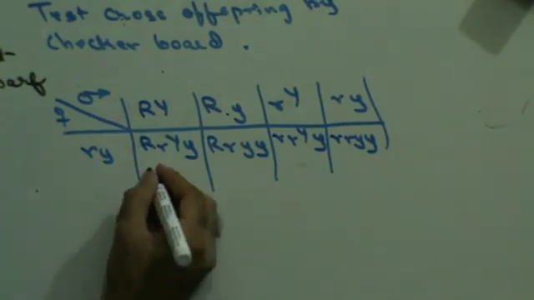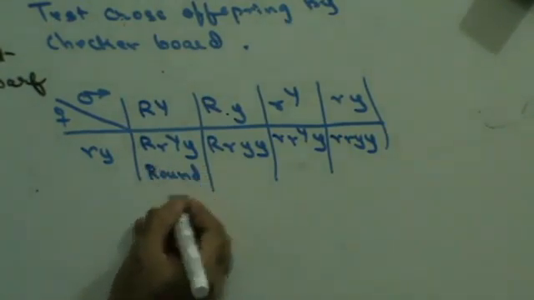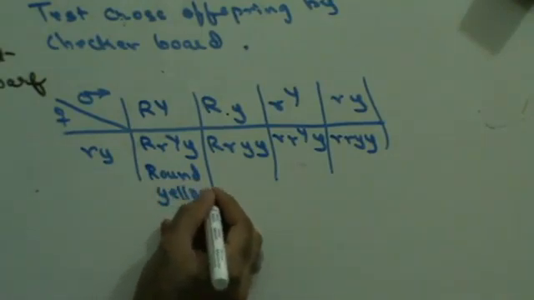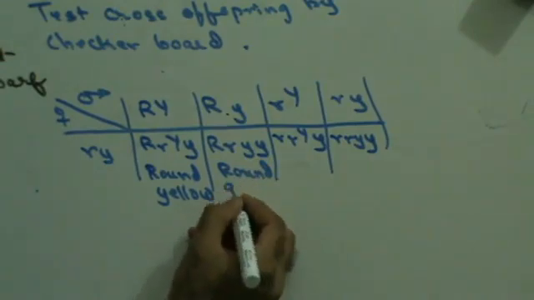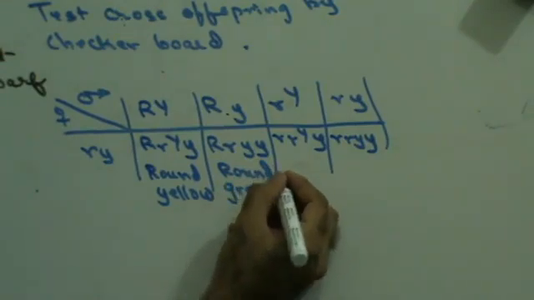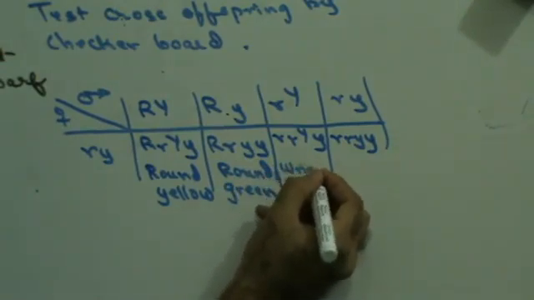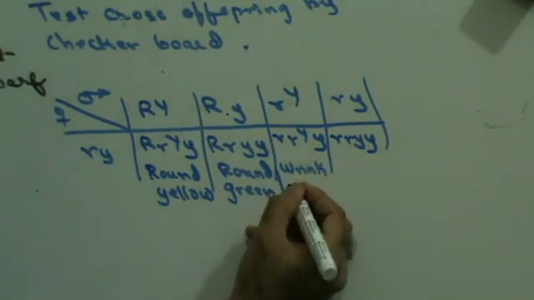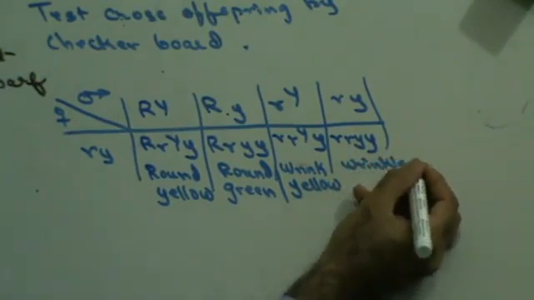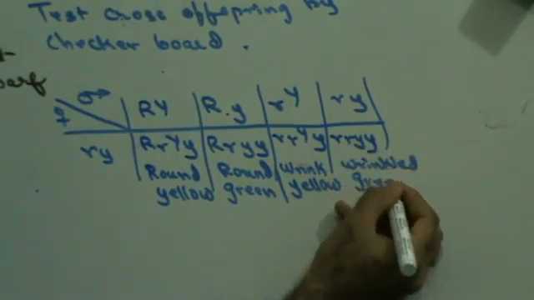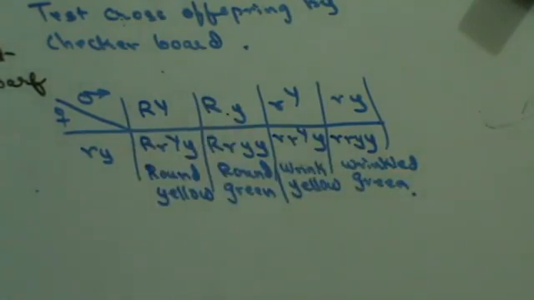Now, since there are 4 different types of output, here you are getting round yellow, this is round green, this is wrinkled yellow, and this is wrinkled green.